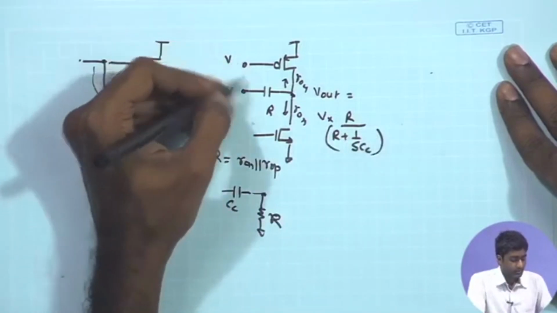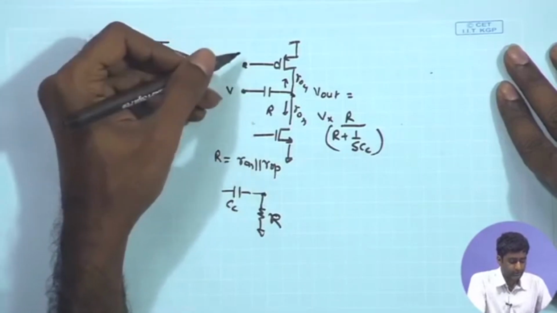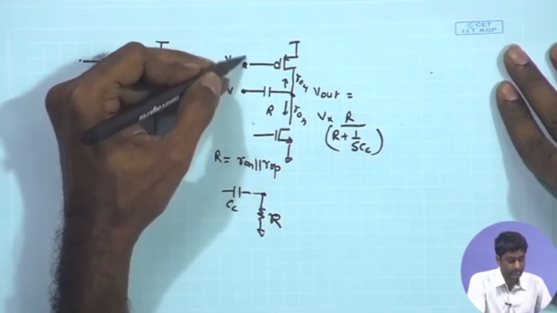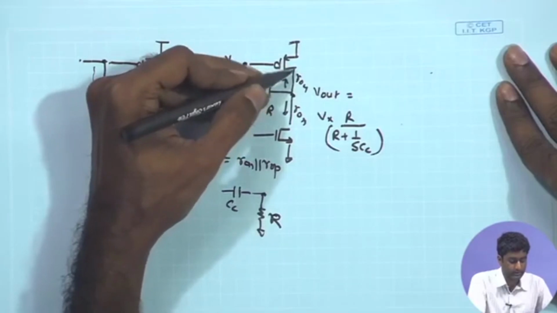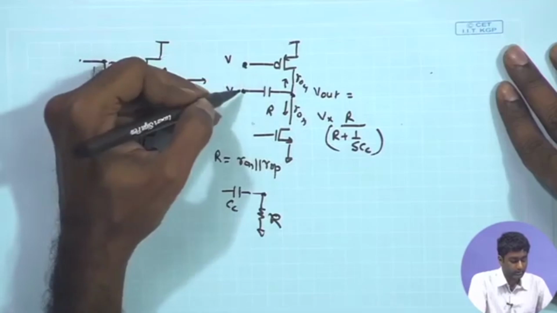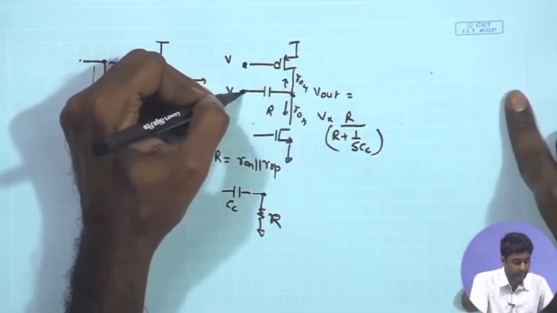And for that, while considering this, we have to consider that the other V is set to 0, because we are taking superposition. So, when we are applying a V over here, we assume that the gate is not having any signal. So, this is going to be AC ground, and then the other MOSFET provides only the small signal resistance ROP and the NMOS RON. So, basically we are having the expression of our output because of the applied signal over here.